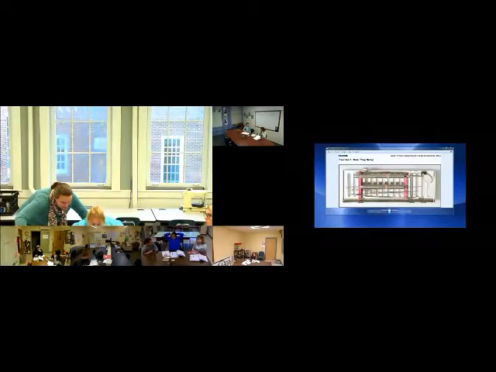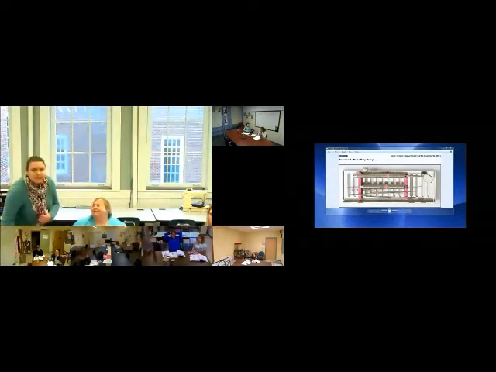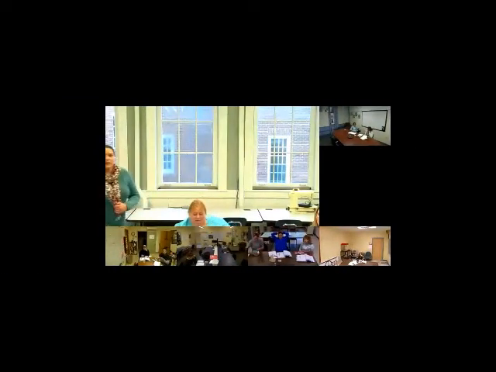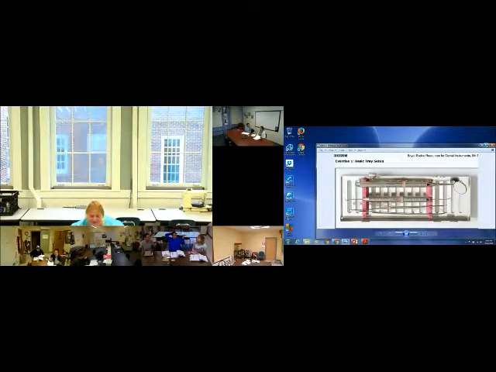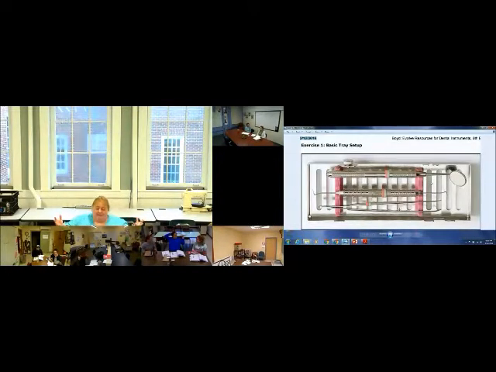Is there a displays option? Try connect to projector maybe. Go to duplicate instead of expand. Much better, thank you. There we go. And there it is. Sweet, thank you. I was like, I am going to be screwed up for sure. Okay, so 8 minutes in and we're good.